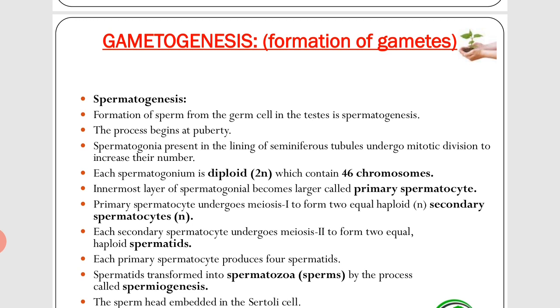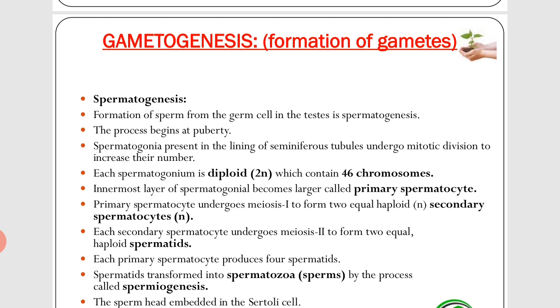So what do they need to undergo? They need to undergo another process known as spermiogenesis. What do you mean by spermiogenesis? They may ask you this question. It is a process of transformation of non-motile, inactive, non-functional spermatids into motile, active, functional sperms.